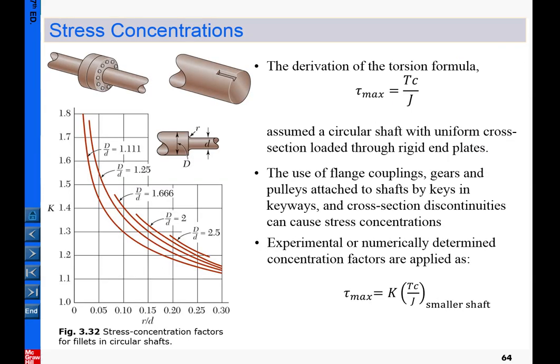The second topic in this section is the stress concentration. The stress concentration happens where the geometry becomes non-uniform. For example, here we have the bigger shaft, and here we come to the smaller one. Around here there is a geometry discontinuity, so that is where the concentrated stress happens.